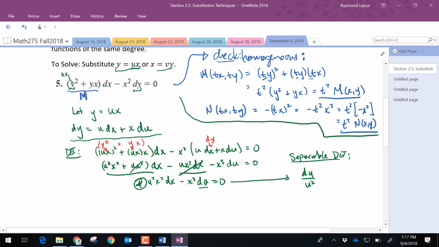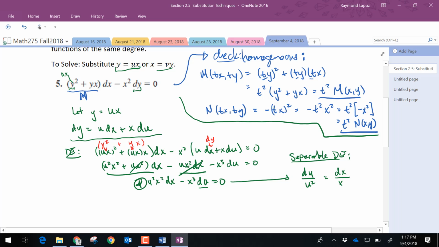If I bring the du over to the right side and then divide by u squared and then do the switch, the dx would be on the other side. And I had an x squared. I'm going to divide out a positive x cubed, because I had brought that over to the other side. So it's x squared divided by x cubed. Is that right? Algebra.